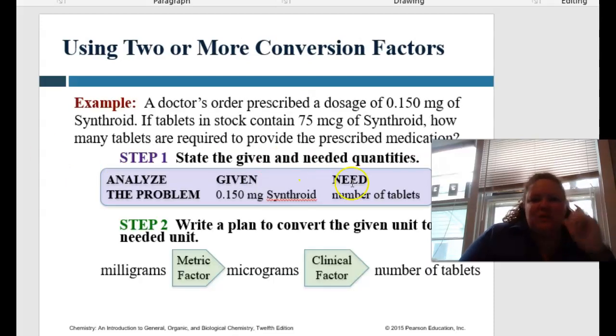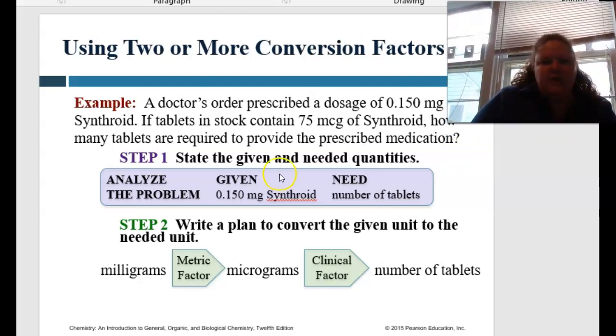So if a doctor prescribed a dosage of 150 milligrams of Synthroid, and the tablets in stock contain 75 mcgs of Synthroid, how many tablets are required to provide the prescribed medication?